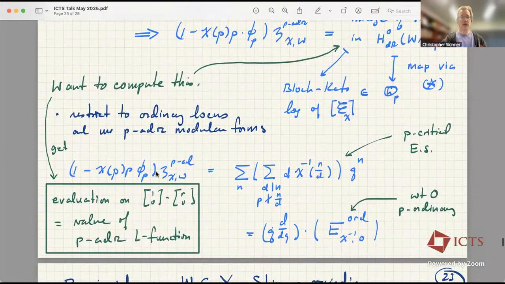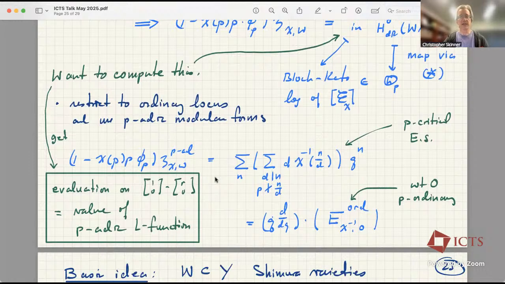So 1 minus chi p of p infinity applied to eta of chi is the class of the Eisenstein series that has its p critical stabilization, meaning the UP operator is now acting as multiplication by p. The primitive of this, its image under the QDQ operator, is the weight 0 p ordinary Eisenstein series for the character chi inverse.